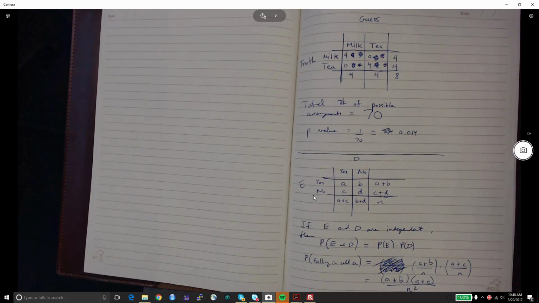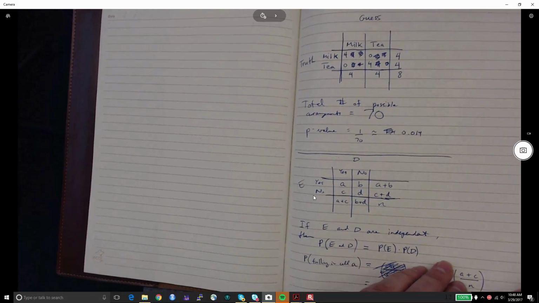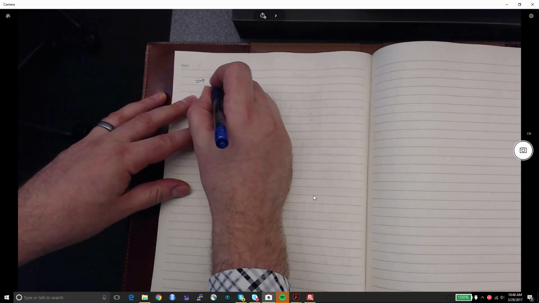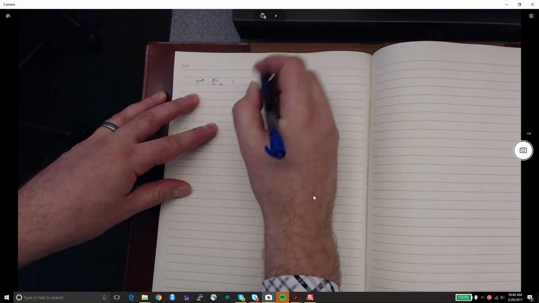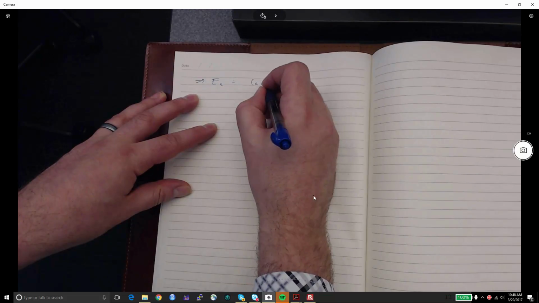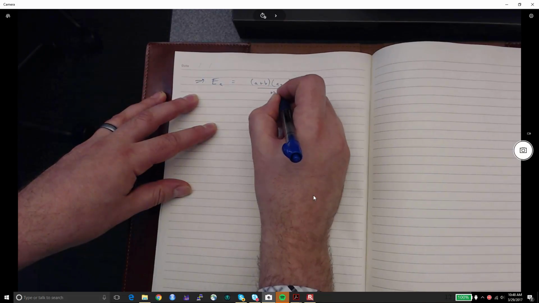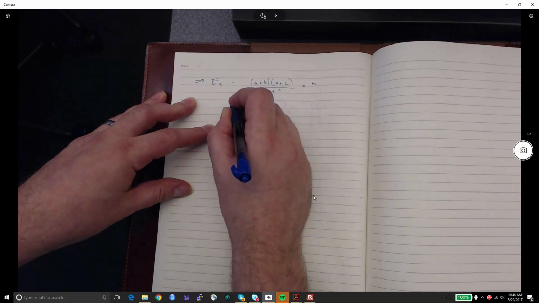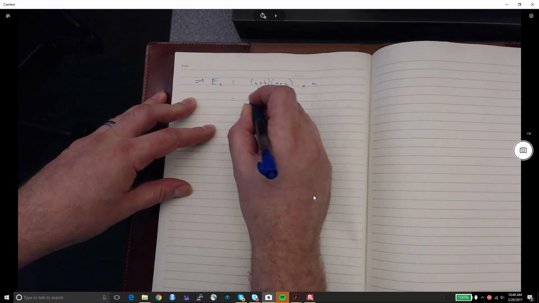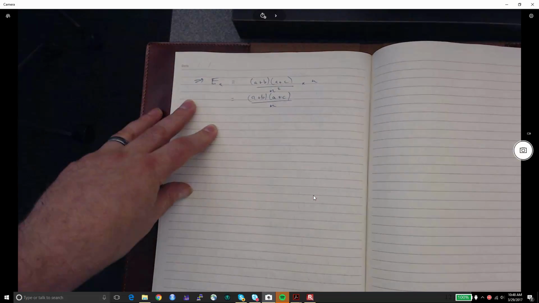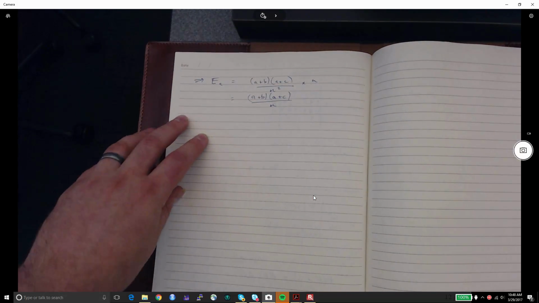So in order to get the expected number, the expected number is equal to A plus B times A plus C over N squared times N, which is just that formula that we saw before. Okay? So it comes from the definition.